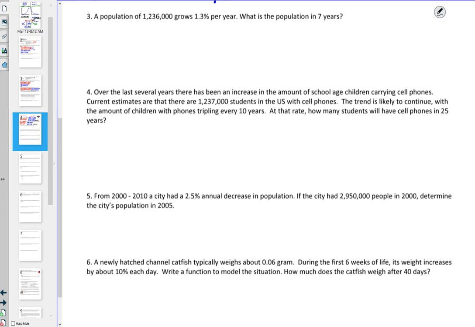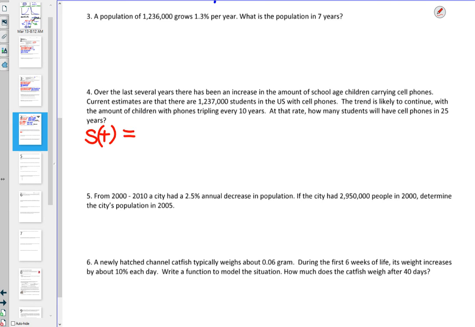Over the last several years, there's been an increase in the amount of school-age children carrying cell phones. Current estimates, so right now, that's the initial amount. Let's do S for students, even though my S's look like 5s. What does the amount of students with cell phones depend on? Time, and you can see time is always a very common input in word problems.